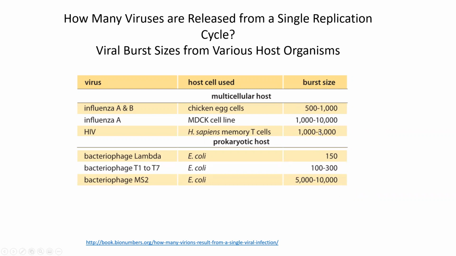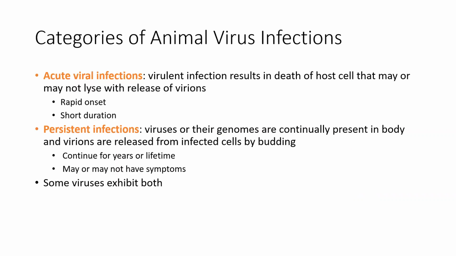Can you imagine one influenza virus, when it infects a host, can produce up to 10,000 new viruses? So that's why sometimes when you get infected by a virus, it feels like you've been hit with a ton of bricks.